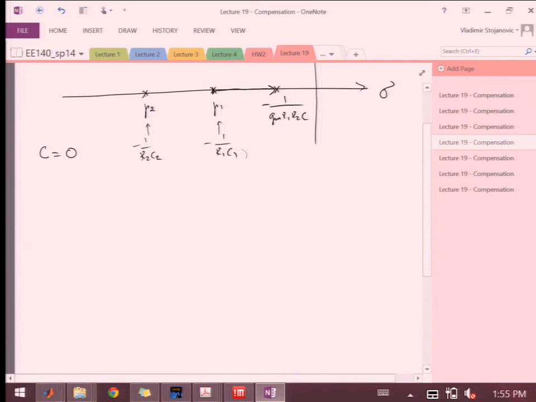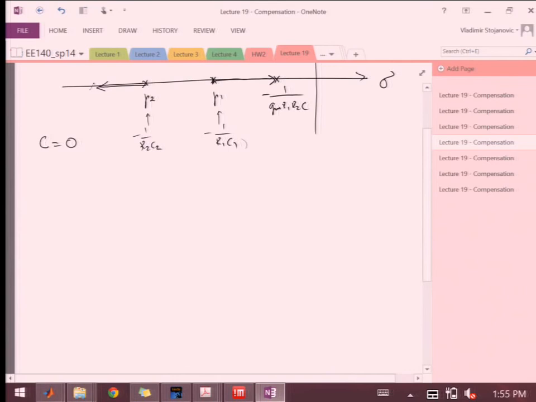And then P2 will be moving to minus gm C over C1 C2 plus C times (C1 plus C2). That was P2 prime and P1 prime. Okay, so this is the pole splitting that we wanted to use.